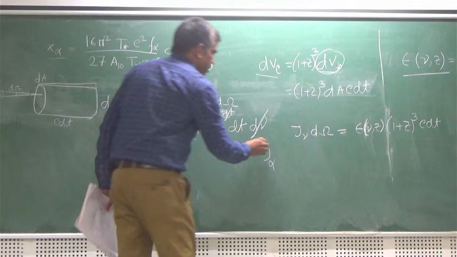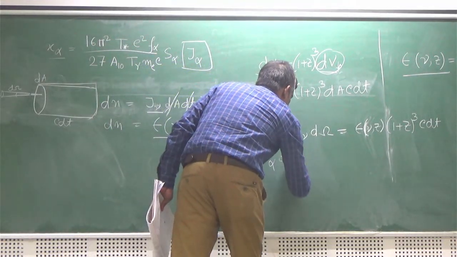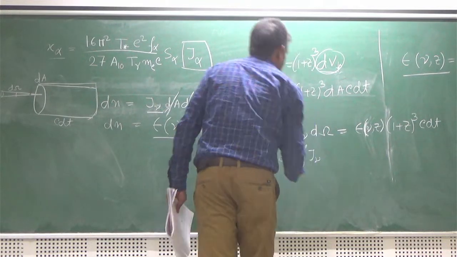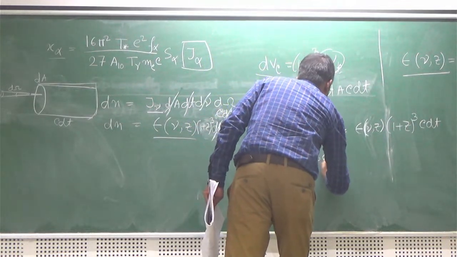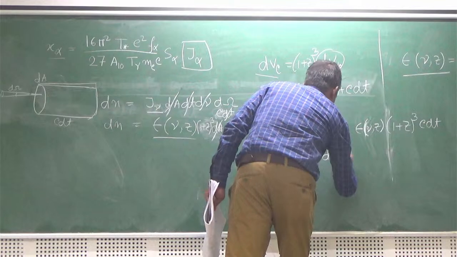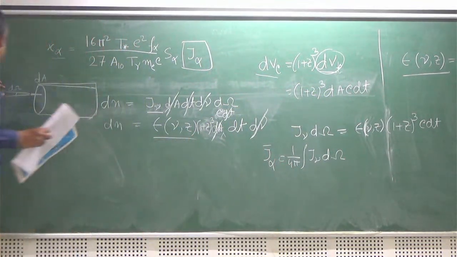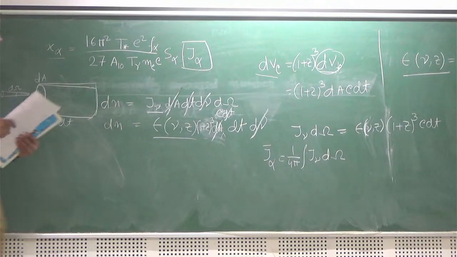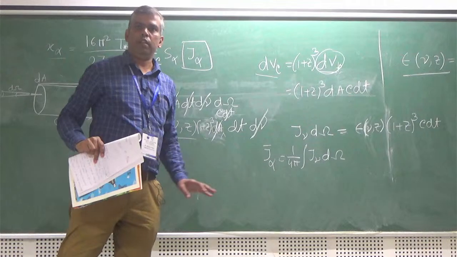A spherically averaged flux can be defined as 1 by 4 pi integral of J nu d omega. So instead of considering a small solid angle, we are taking the average over all solid angle and dividing by the total solid angle. So that's how we calculate the spherical average.